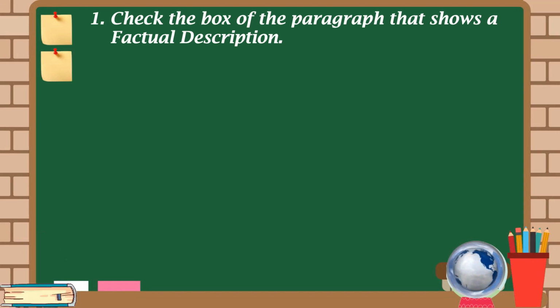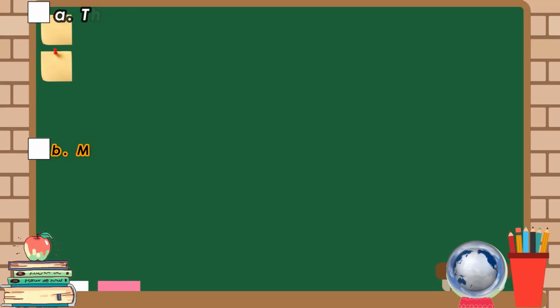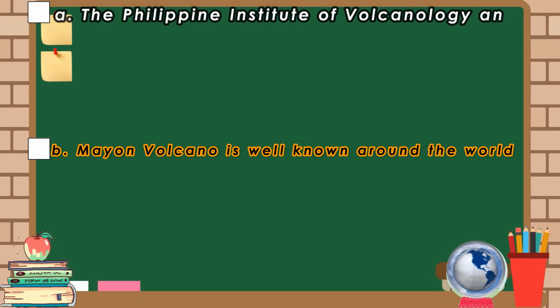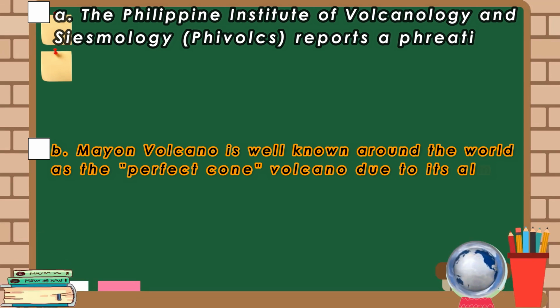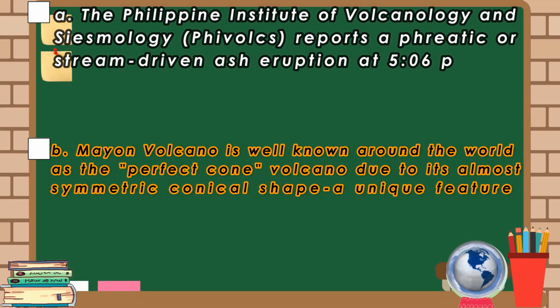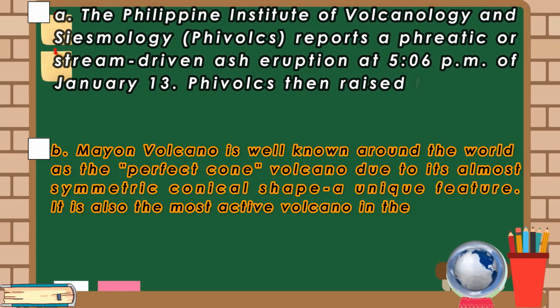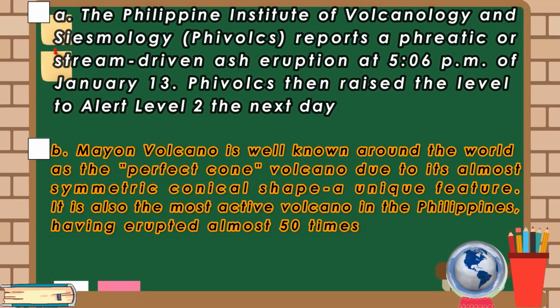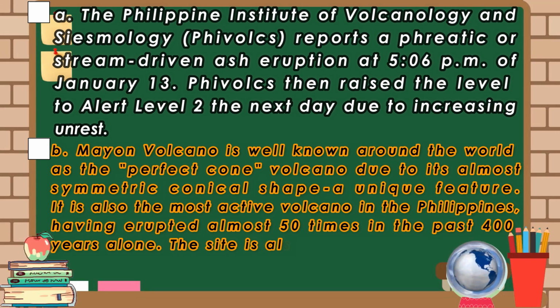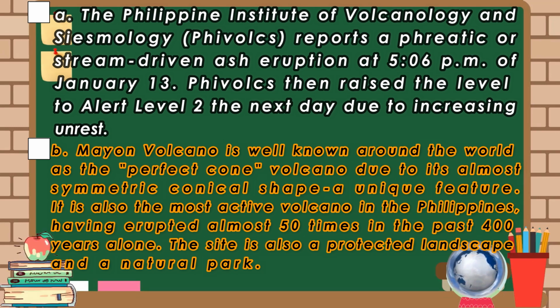For item number 1, check the box of the paragraph that shows a factual description. A. The Philippine Institute of Volcanology and Seismology, PHIVOLCS, reports a phreatic or steam-driven ash eruption at 5:06 p.m. of January 13. PHIVOLCS then raised the Alert Level 2 the next day due to increasing unrest.